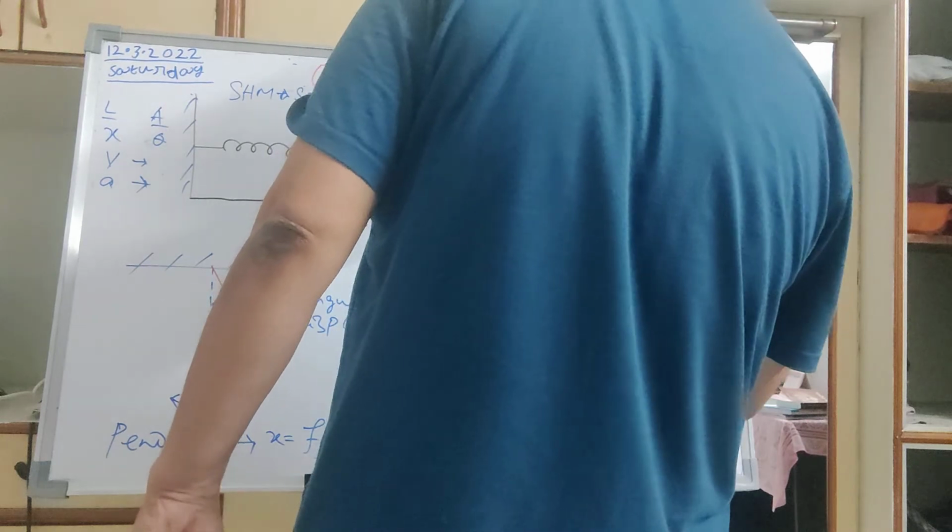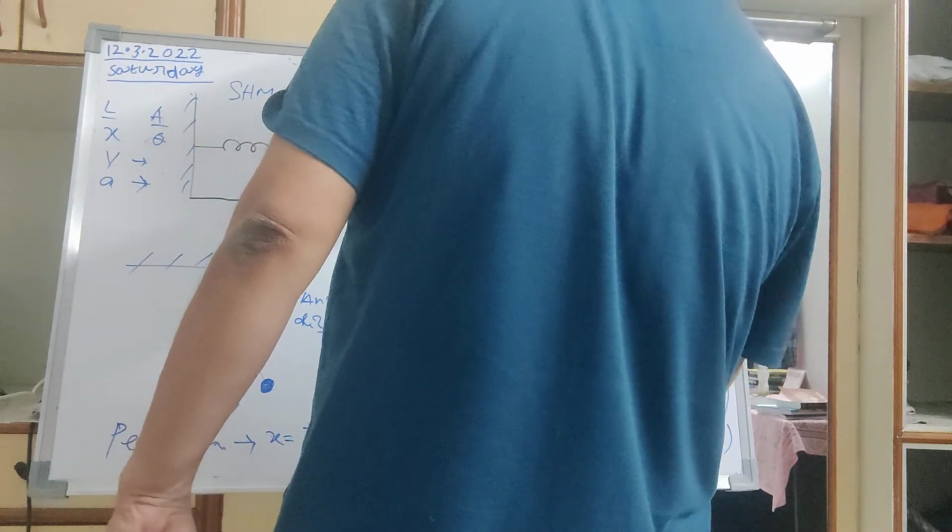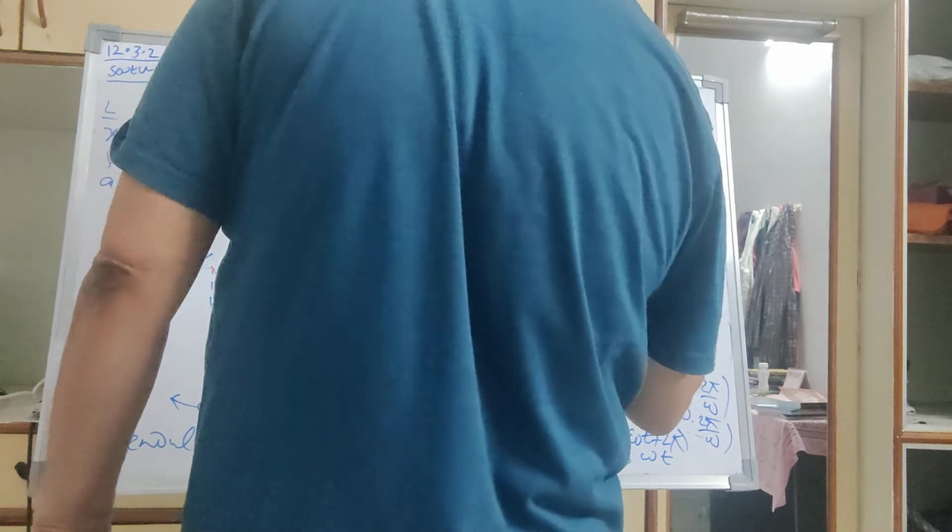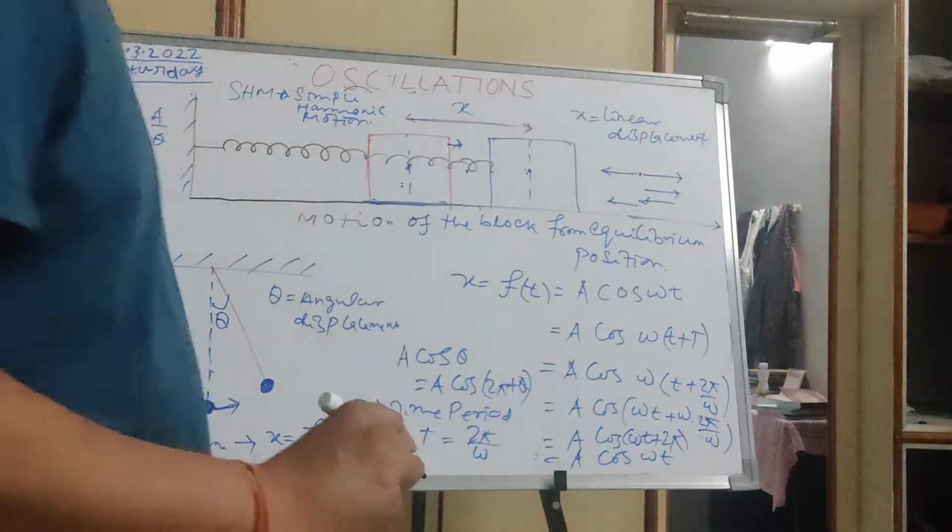So the motion will be like this. This is the mid position. It will move like this, then come back like this. Then it will overshoot the equilibrium position and come back like this. Then again it will come back to the original position.